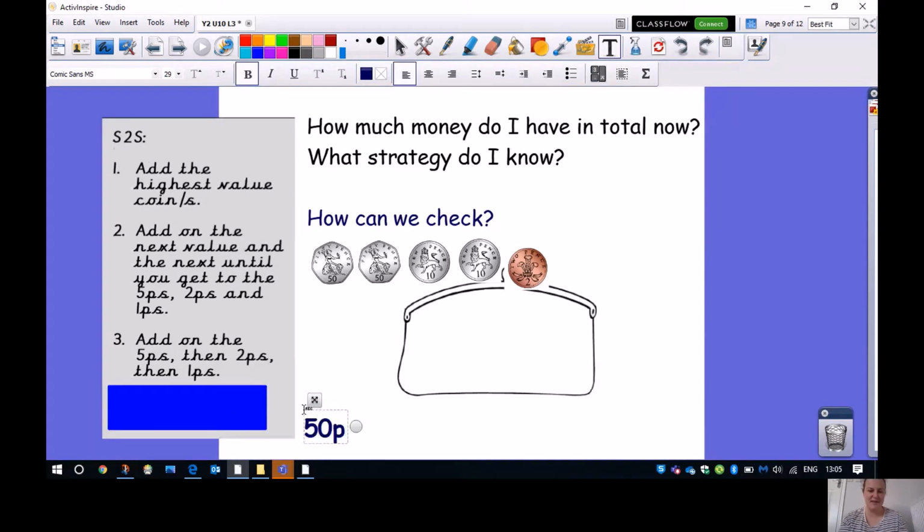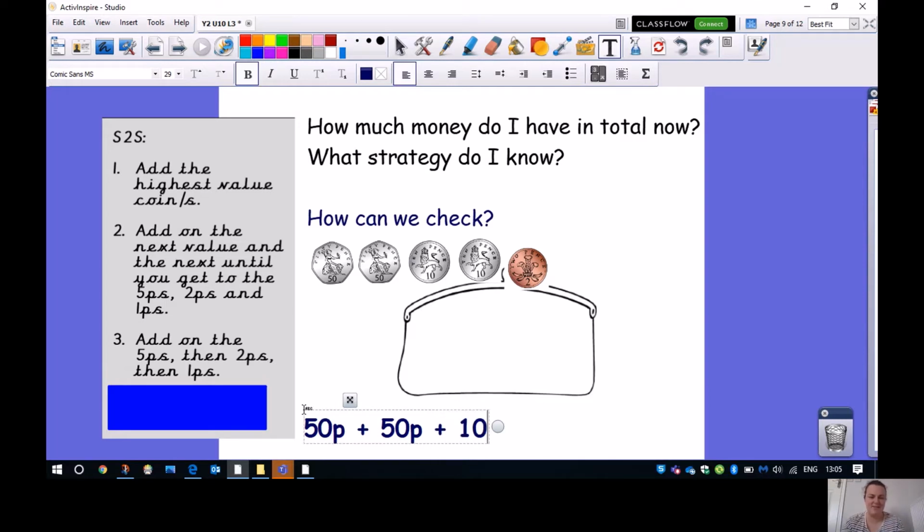So my biggest coin, 50p, add 50p equals, well, 50 add 50 equals £1, because 50 add 50 equals 100. I know my double 50s, so that's 100. So 100 is the same as £1.